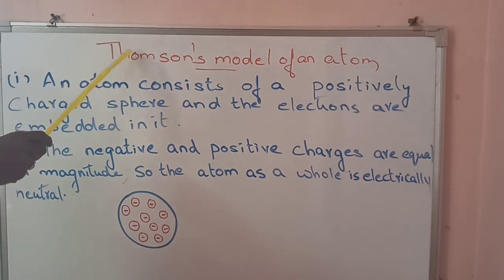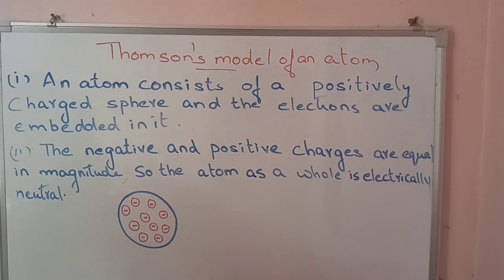J.J. Thomson was the first one to propose a model for the structure of an atom. Thomson proposed the model of an atom to be similar to that of a Christmas pudding. The electrons in a sphere of positive charge were like dry fruits in a spherical Christmas pudding.